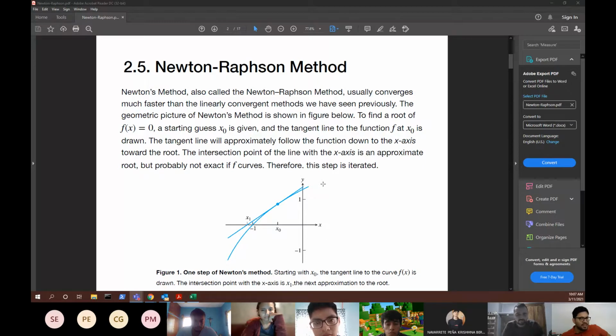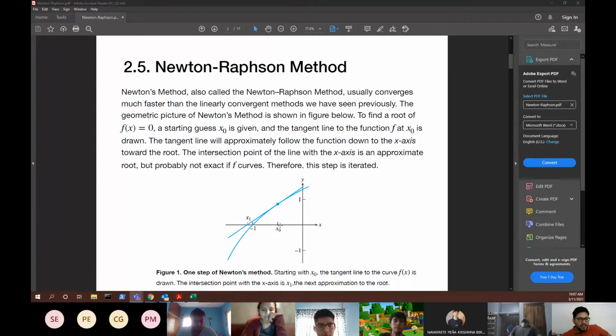That's the concept of the derivative, right? If you remember, this is a tangent to the function f. Let's call this function f. And the tangent intersects the axis at x0. This is the first initial guess for Newton's method.